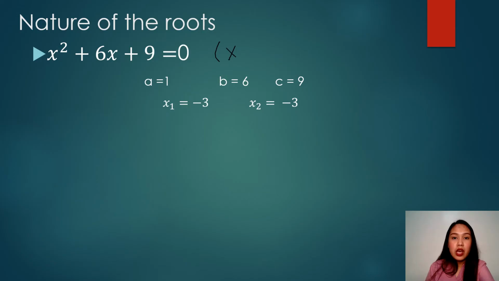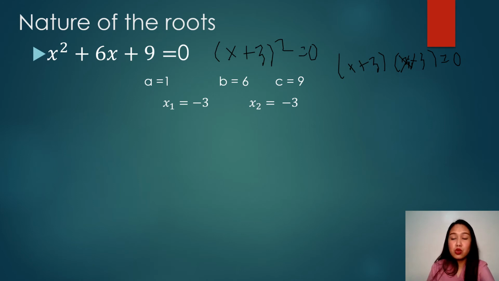That's x plus 3 squared equal to 0, or x plus 3 and also another x plus 3 equal to 0.